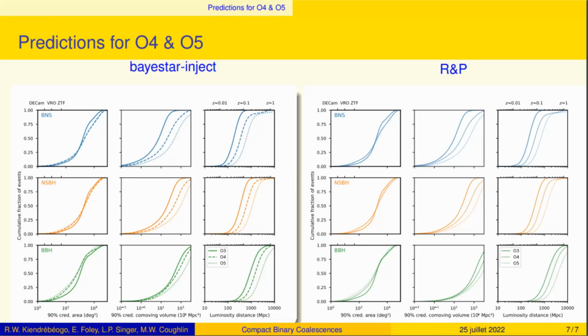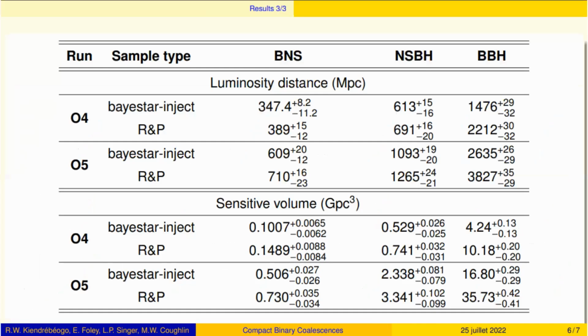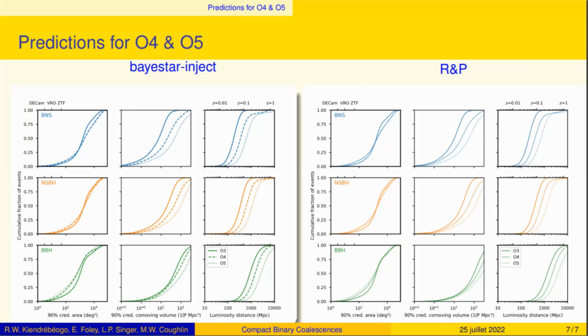You can see how those change for O3, O4, and O5, obviously getting better as time goes on. You can direct your attention mainly to the base star inject, which is what we hope to be the most accurate one here. These are just the median values from these plots.